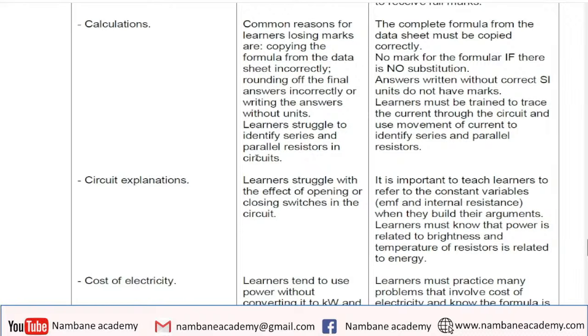So before learners look at the questions, it is important that they trace the current from the positive terminal to the negative terminal. They will move from the positive terminal throughout. They look for the path that will allow the current to return to the negative terminal. They then move using that.